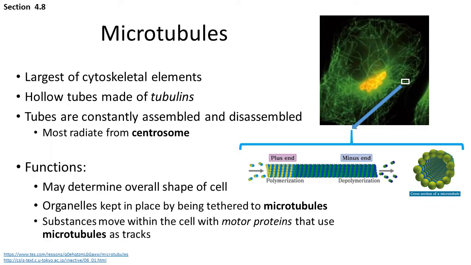They function in helping determine overall shape of the cells, keeping organelles in place by tethering them, and allowing for substances to move within the cell using motor proteins that use the microtubules as tracks to ride along.